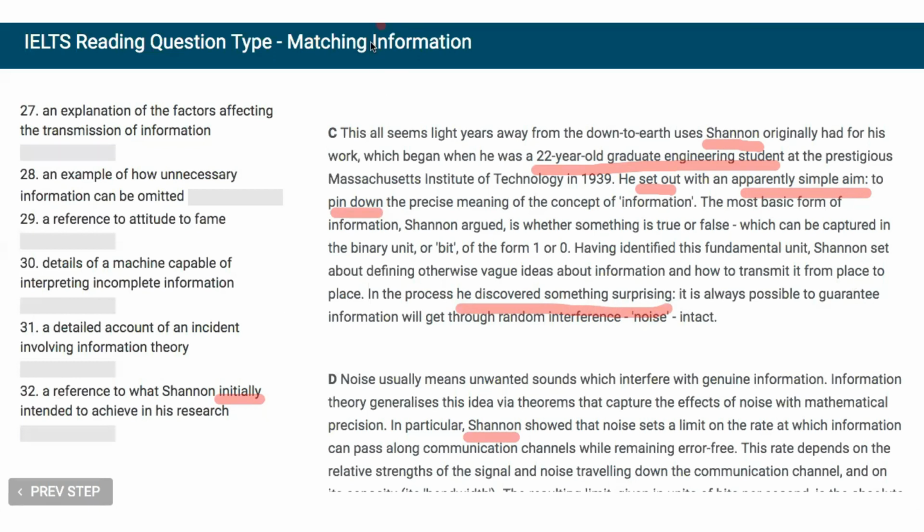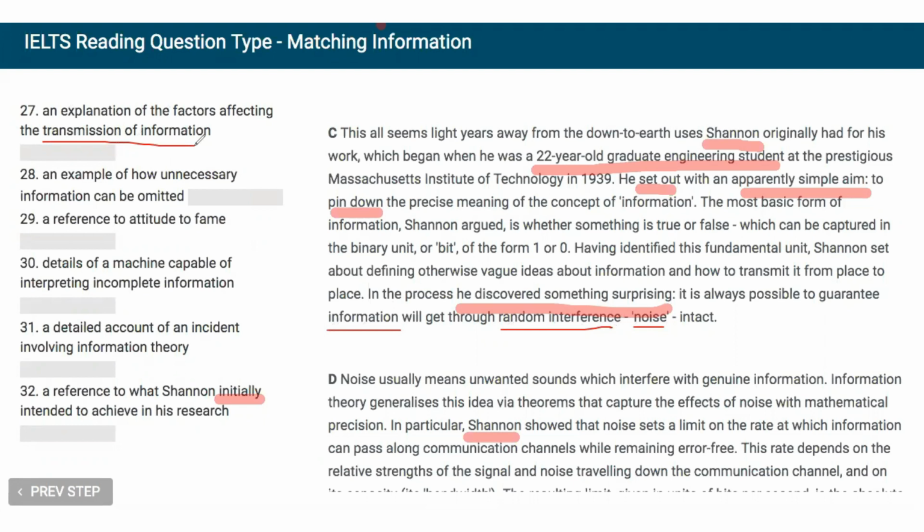However, the fact that there is information, random interference, and noise gives me a bit of a doubt because I could see these three keywords as going along with number 27, which is an explanation of the factors affecting the transmission of information.